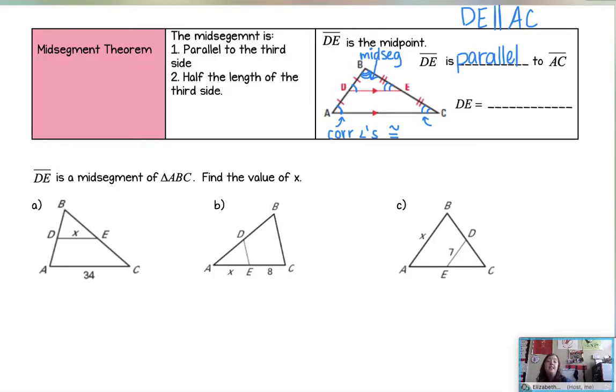So our mid-segments actually make two different similar triangles, right? There's the original triangle, and then when we draw that mid-segment in, it makes a similar triangle that fits inside of it. Another thing that's helpful is that DE is half the length of the third side. So DE is equal to 1/2 the length of AC.